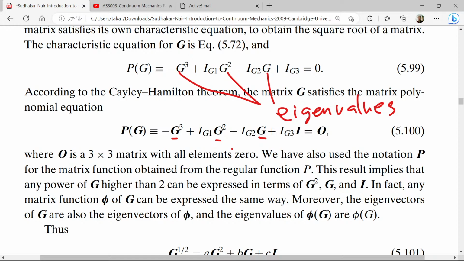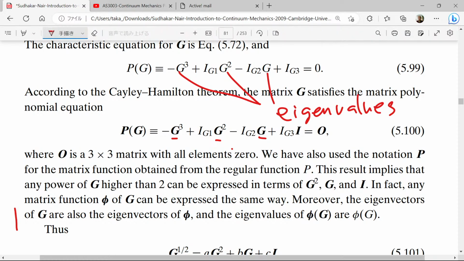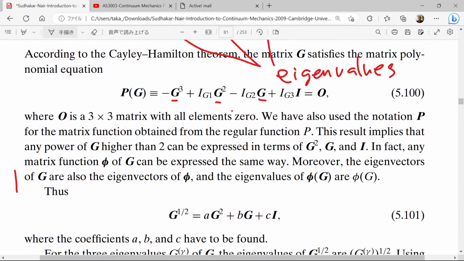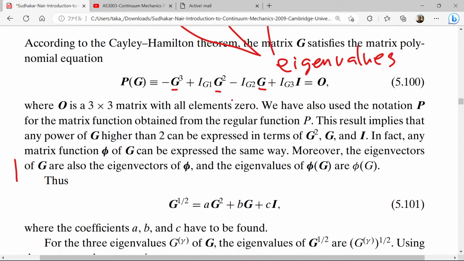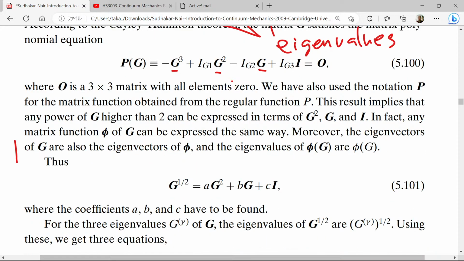Moreover, the eigenvectors of G are also eigenvectors of phi of G, and the eigenvalues of phi of G are small phi of the eigenvalues of G.